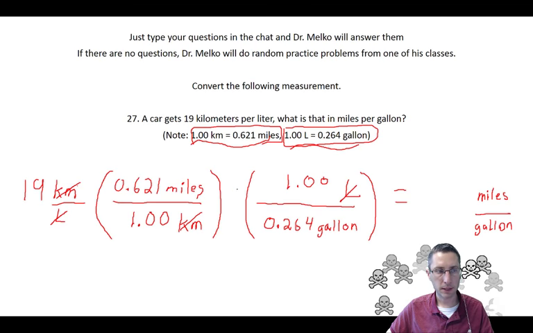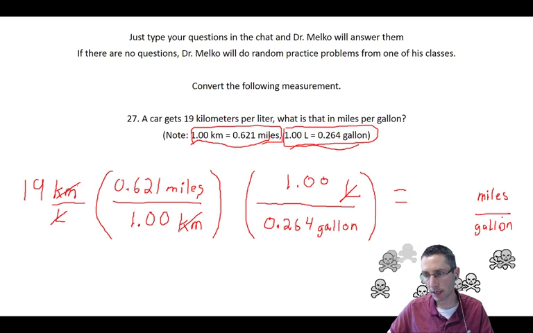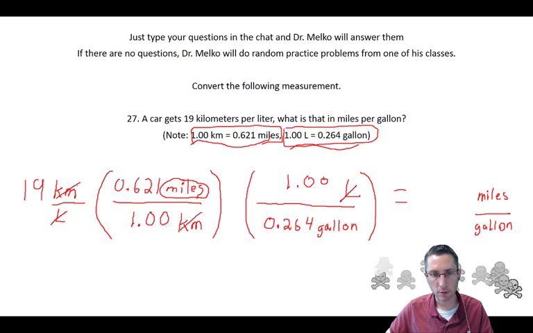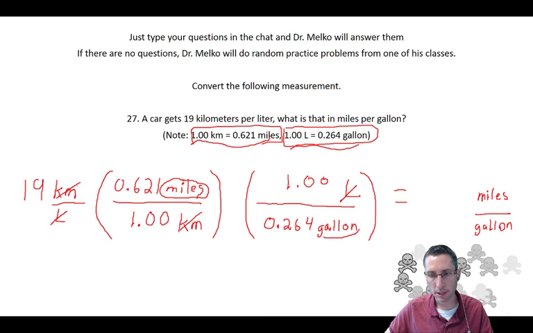Now I'll stop and make sure my units all look good. I want miles divided by gallons as my final units. Here's miles in the numerator, and here's gallon down in the denominator, and that's good because eventually I want miles over gallons.